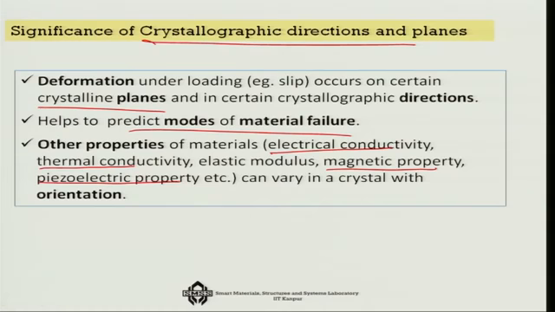All these properties actually vary in a crystal with the orientation, and hence a quantitative way of defining the crystal direction helps us make it clear what the values of these properties are and how they vary from one direction to the other.